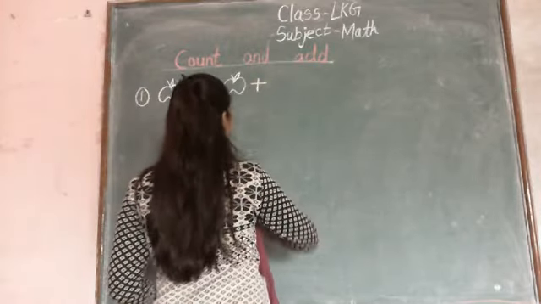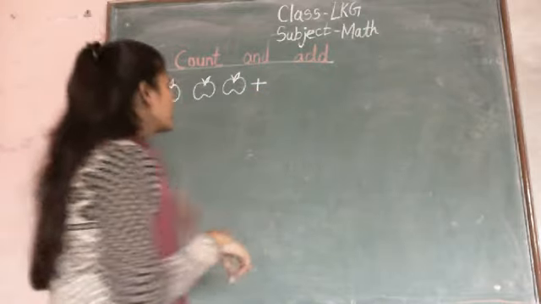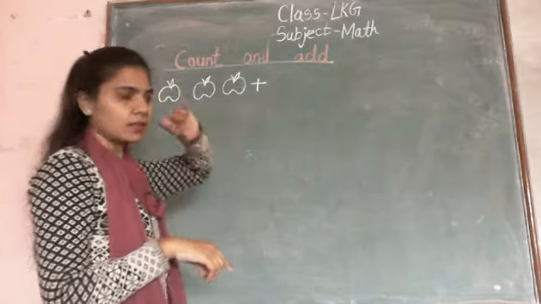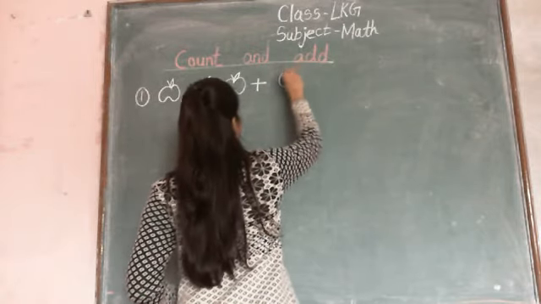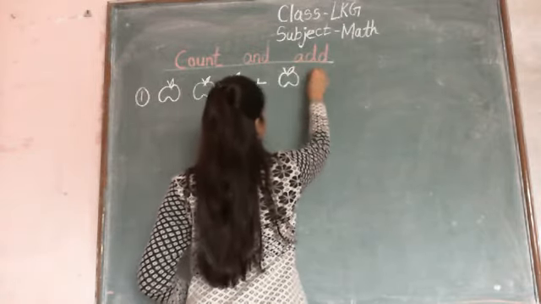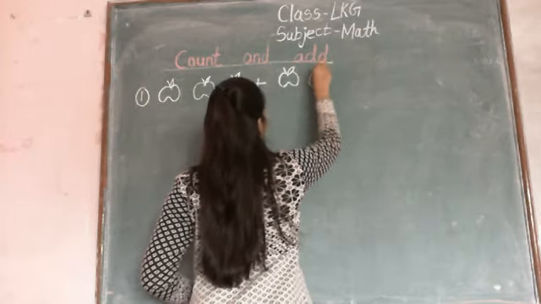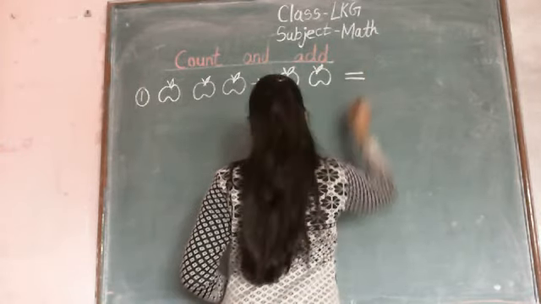The sign of add is like this. This is a plus sign. Okay, so make here plus sign and make more apple. Equal.